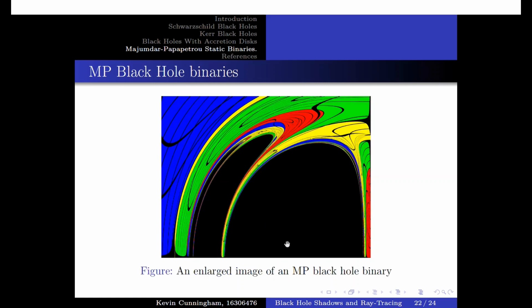If we zoom in closer, we can see that here we have our primary black hole on the left. Here we have the first image of the black hole from the right. Here we have another image of this first black hole again. And if we were able to zoom in further and further, we'll see that this pattern repeats itself. We can also see here inside the first black hole, there will also be an image of the partner black hole.